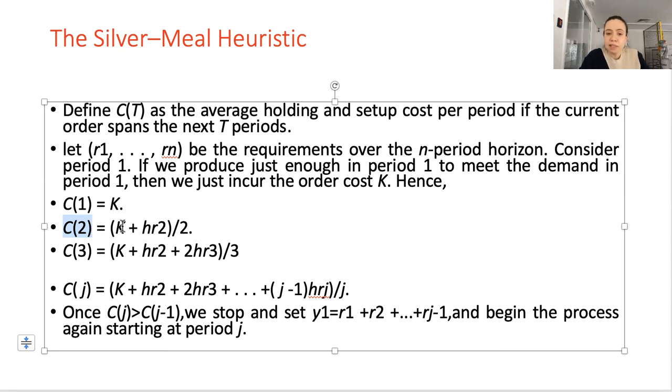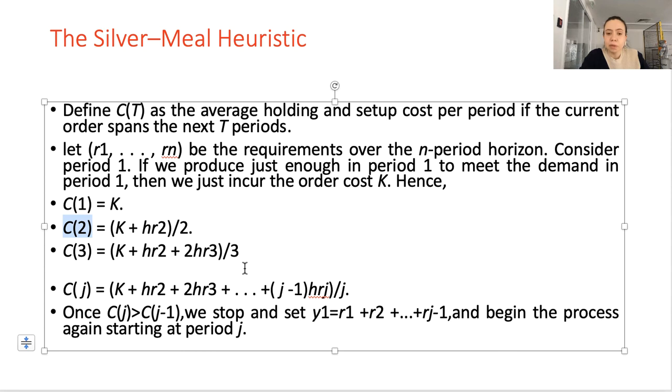So we have a setup cost and we have a holding cost, and we sum these and divide by 2 since we have 2 periods, because C(T) shows the average holding and setup cost. And for C3 again we have a setup cost and we have holding cost. We sum them up and divide by 3.